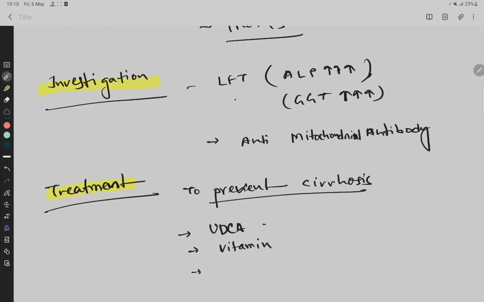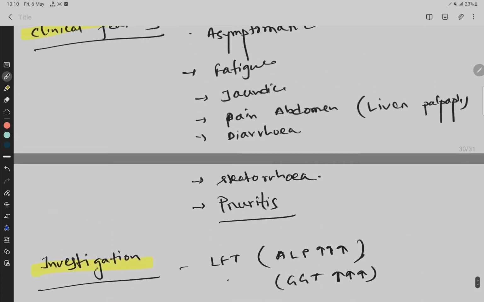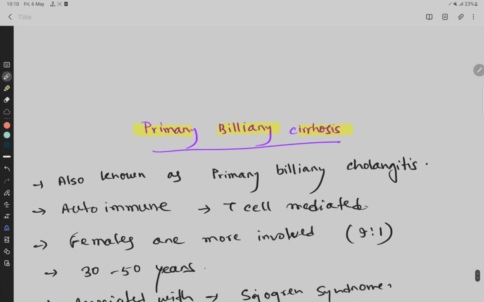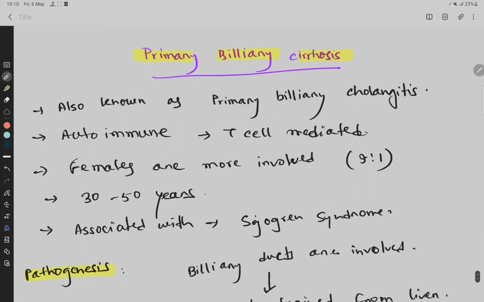Then we can give cholestyramine. So these are the treatment, and this is all about primary biliary cirrhosis.